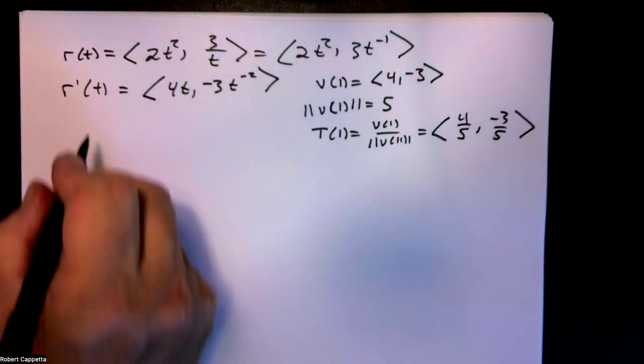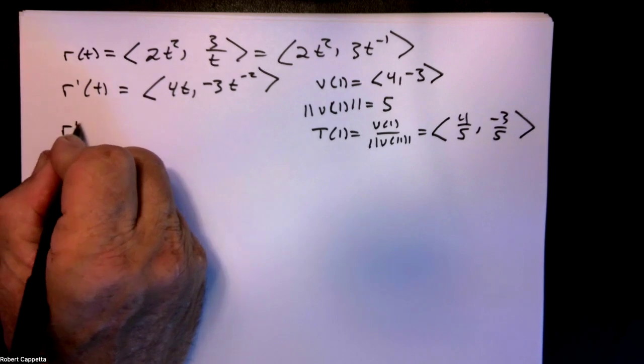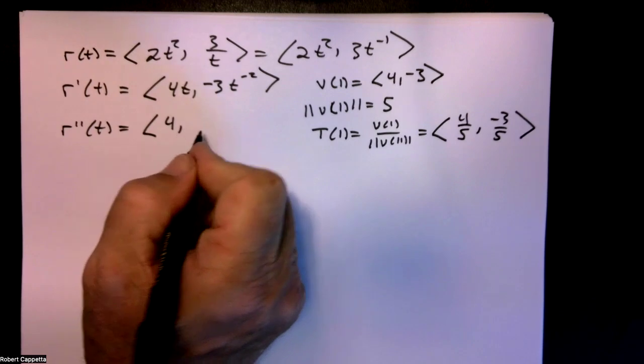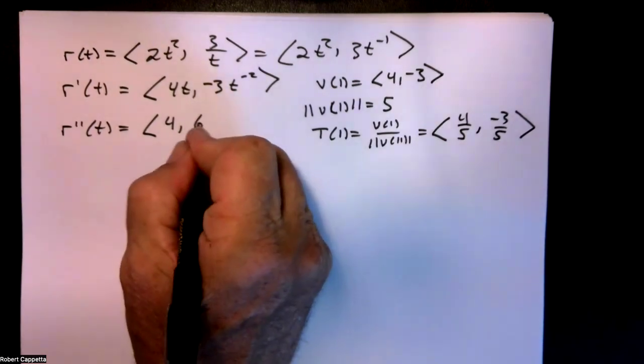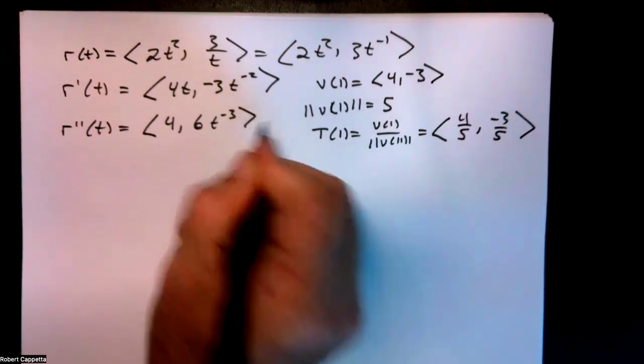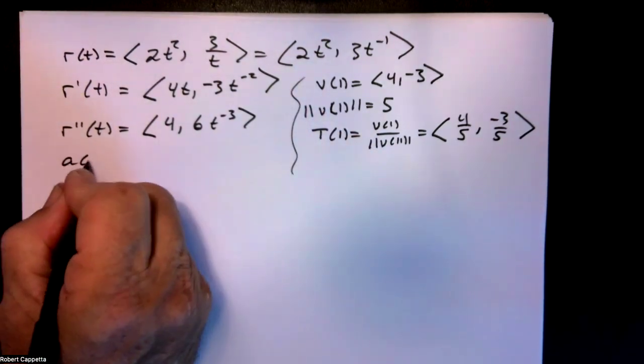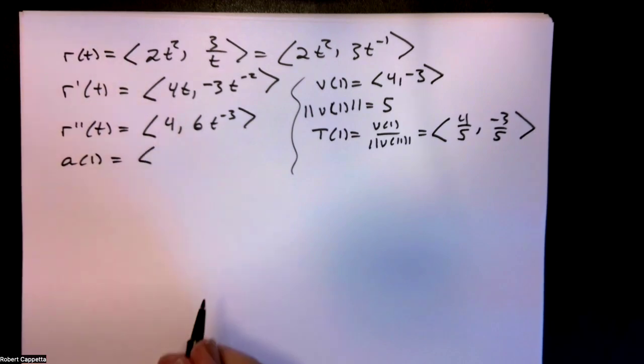But how about acceleration? So the second derivative, r double prime of t, would be 4 and then 6t to the negative 3. In that case, then the acceleration at 1 would simply be 4, 6.